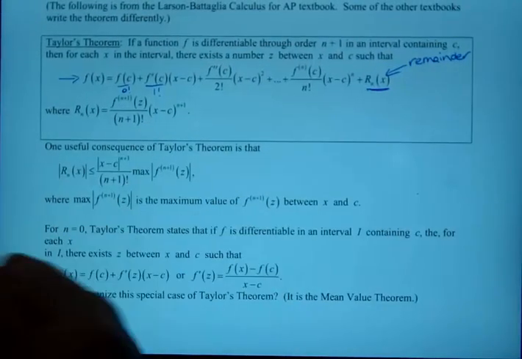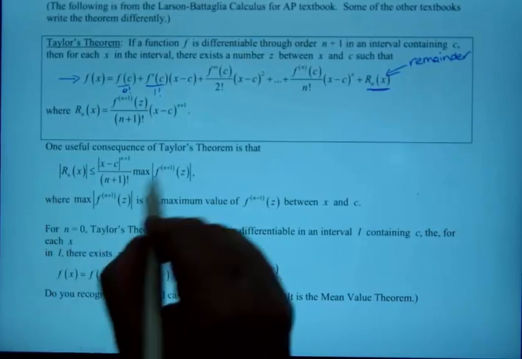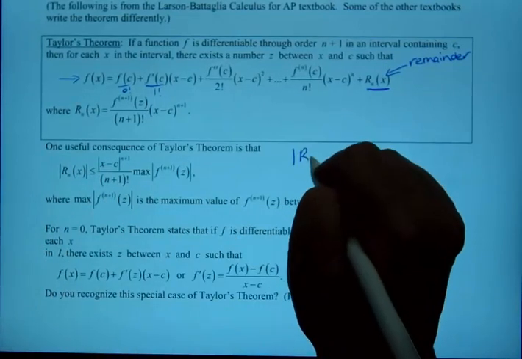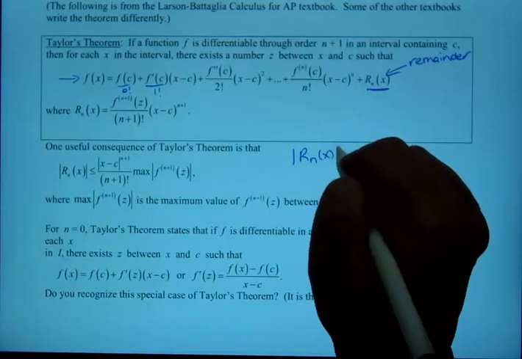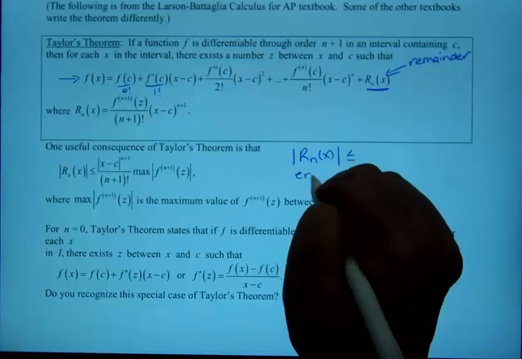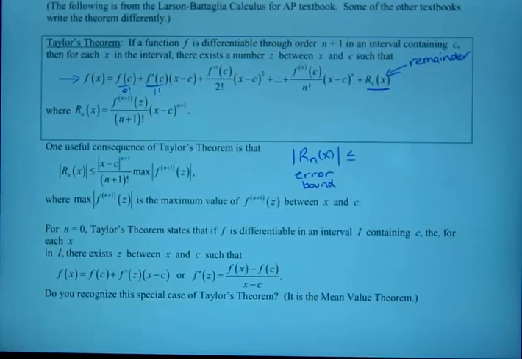We aren't going to worry about the error. We're concerned more with the error bound. We're going to rewrite this one here this way. I want you to write absolute value of Rn of x is less than or equal to. This right here is the error bound. So anytime a question asks you for an error bound, you're going to use this formula I'm about to give you. Okay?